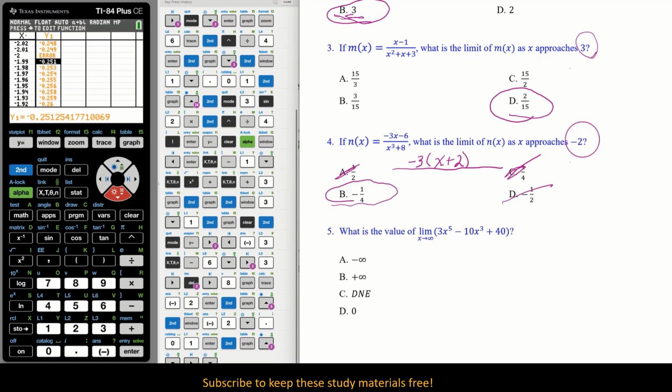Now notice when I pull out the -3, I get x plus 2, but you may not automatically know that this factors in this manner: x squared minus 2x plus 4.